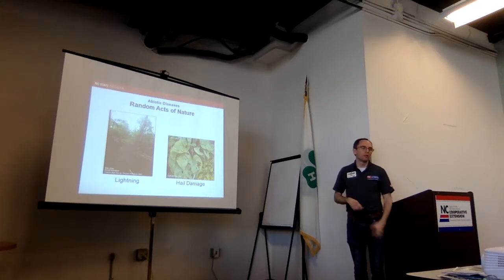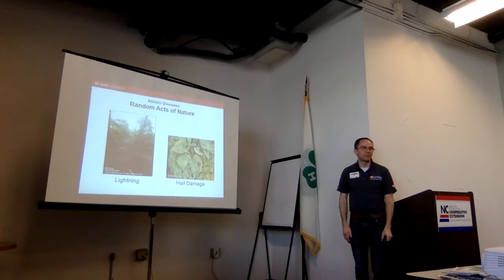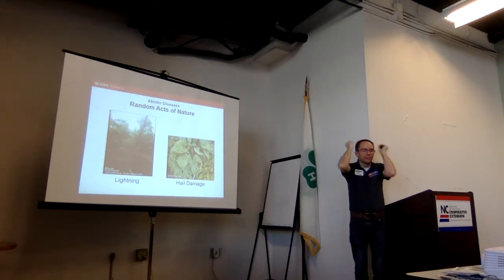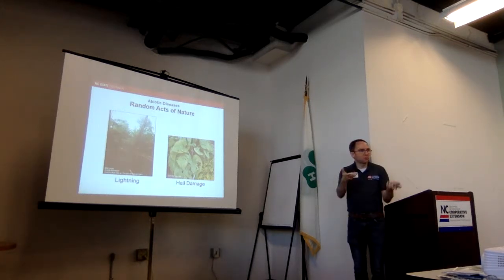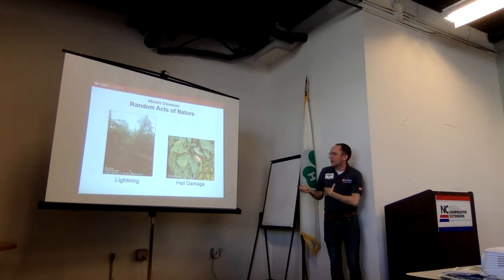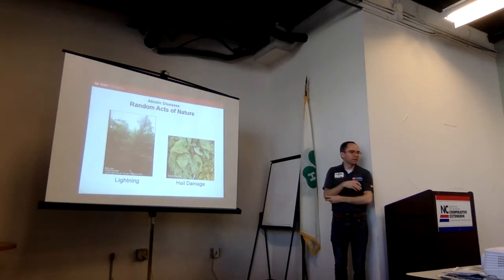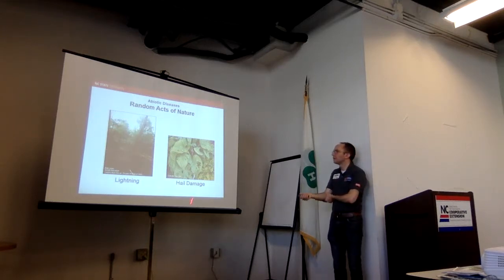Even in large agricultural fields, you'll see this random dead spot, and the pathologist will be pulling their hair out, like, what caused this? And it turns out it was just a localized lightning strike. So that can be an occasional issue. And if there are holes in the leaves after a rainstorm, and there wasn't a biblical plague of locusts or Japanese beetles the day before, it might simply be hail damage.